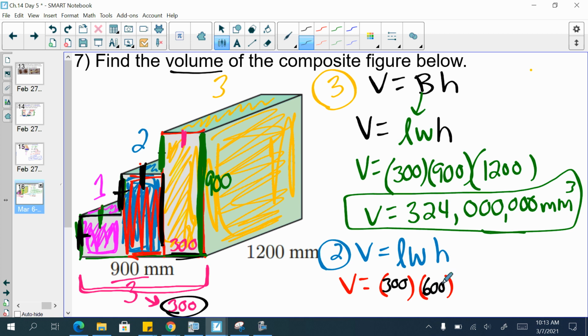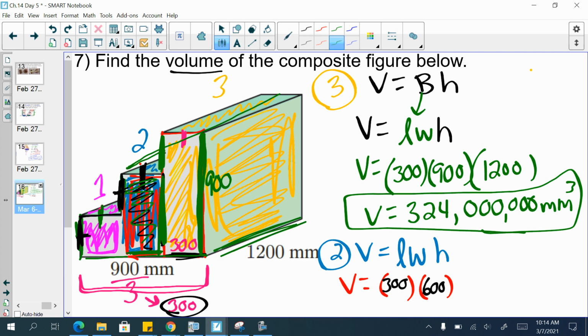And then, okay, you really got to use your imagination here. That's how we find the area of the base, okay? 300 times 600. So now think about, that's 1 unit layer, the front of it. How long will this be all the way to the back? Because we can only see this part, but it's blocked by this. You have to imagine that it's going to go all the way back.